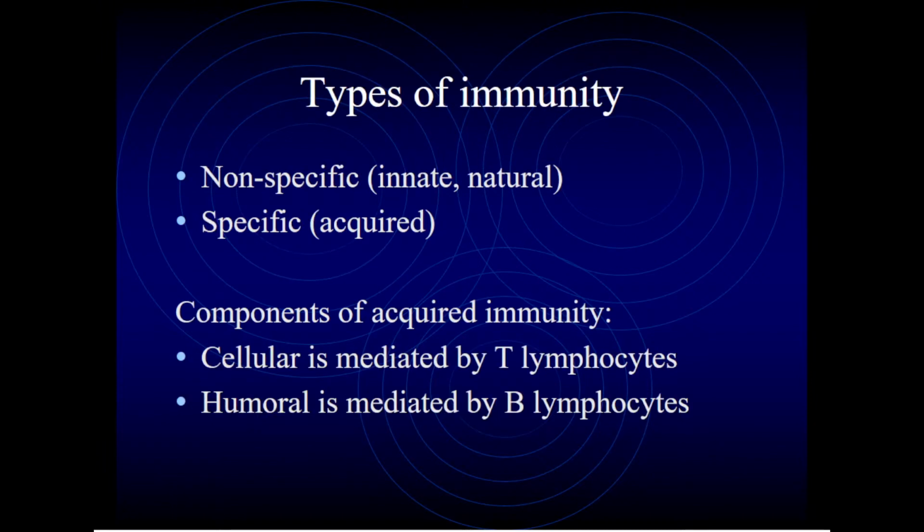Types of immunity. As we told already, the white blood cells participate in the immune response of an organism. The immune system, as you know, protects our body from invading microorganisms. The immunity can be divided into non-specific or innate or natural immunity, and specific or acquired immunity.